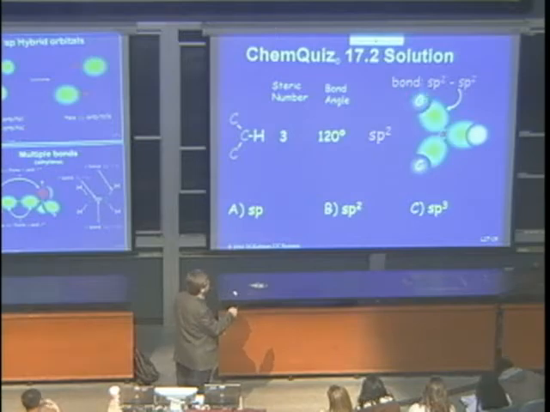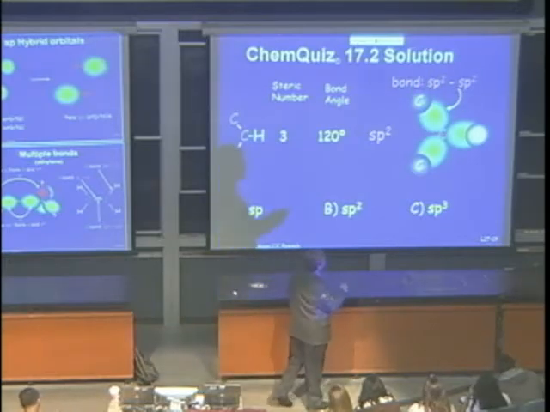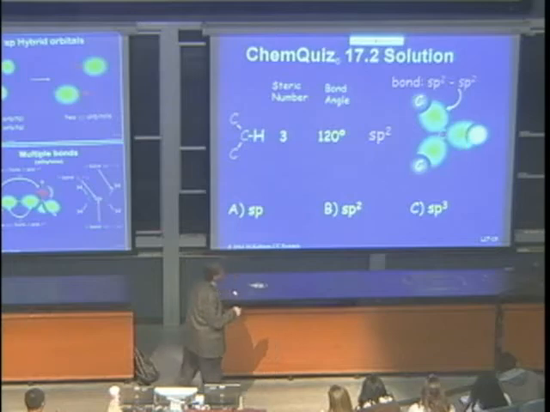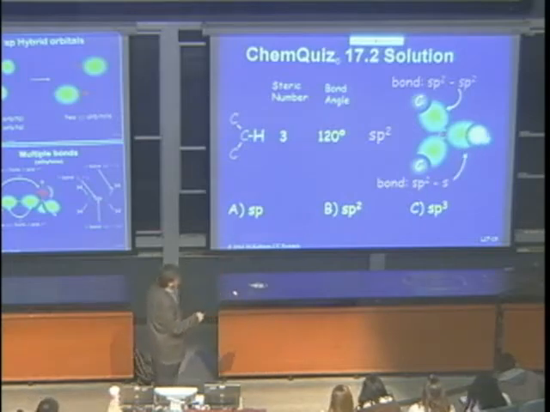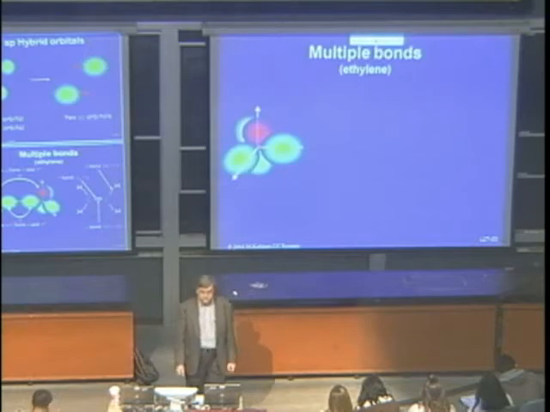This is an sp2 lobe, and from this is an sp2 lobe. They overlap, share the electrons, and with this you have sp2, sp2. Now this one we decided is an sp2, s. The hydrogen is not hybridized. It doesn't have to hybridize. It overlaps very nicely. And with this, the answer was B.